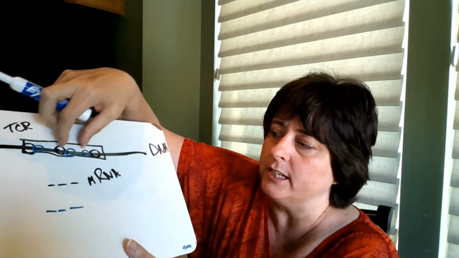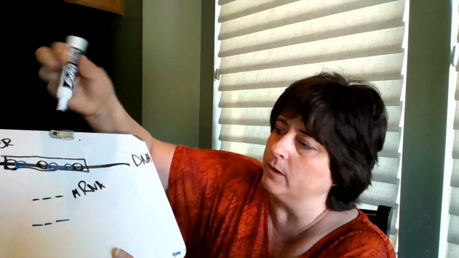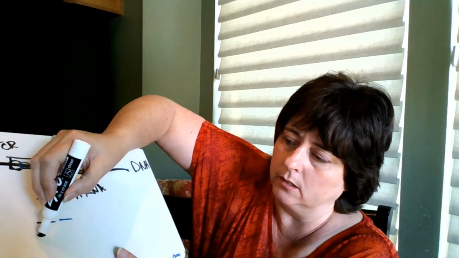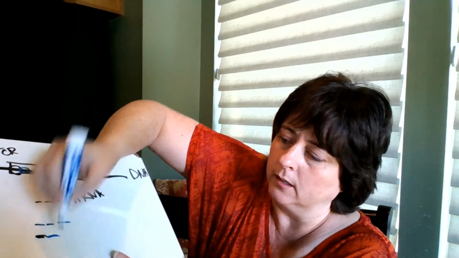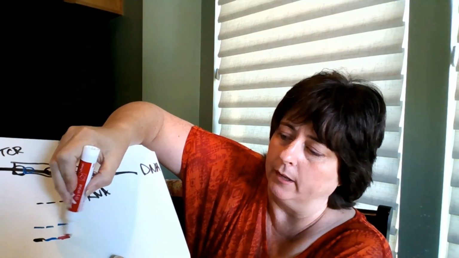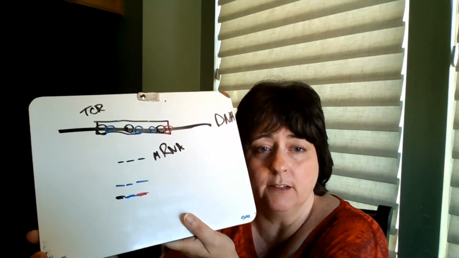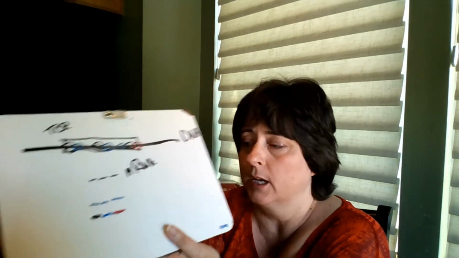They're just different regions in this gene, and you can mix and match these regions. I can do another one, and maybe I pick up this region, but then I pick up a blue region here, and then maybe there's another region down here, and I pick that one up. And so now I have a third mRNA that's completely different from the first two. All right, so this mixing and matching creates the variability.